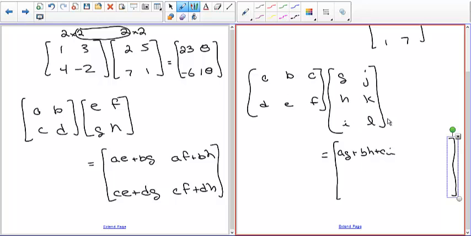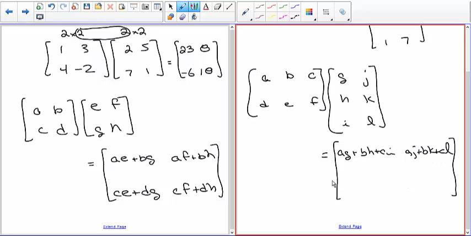Then you're going to have first row, second column. So you have A times, that's actually an A, isn't it? I'm going to make sure I do that right. Okay, so you're going to have AJ plus BK plus CL. Okay, so add those products together.